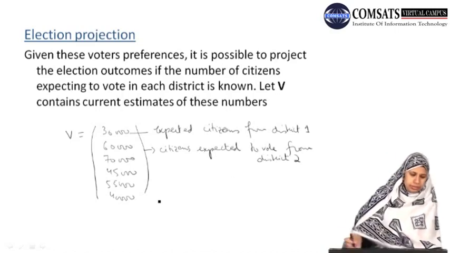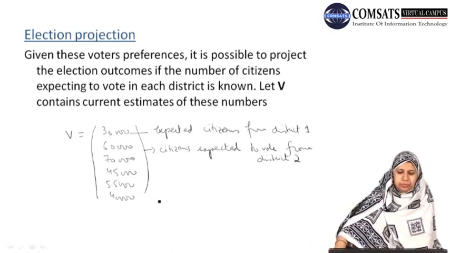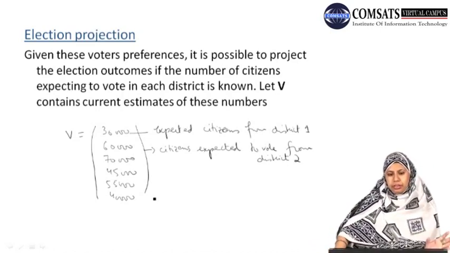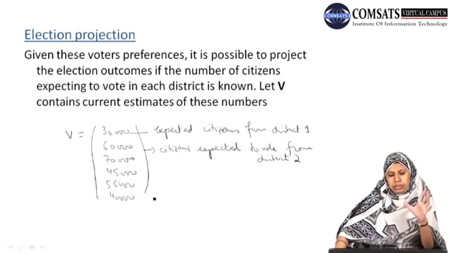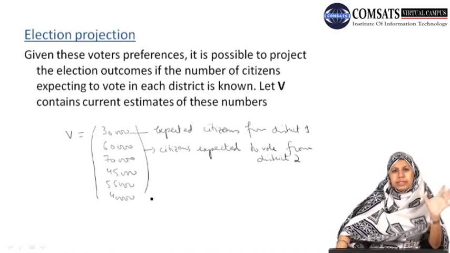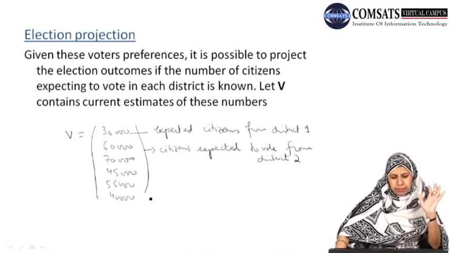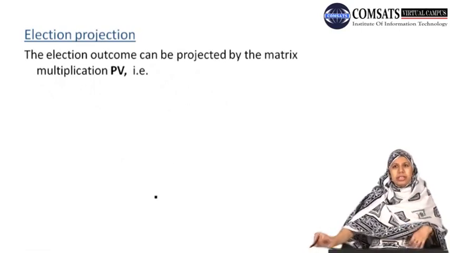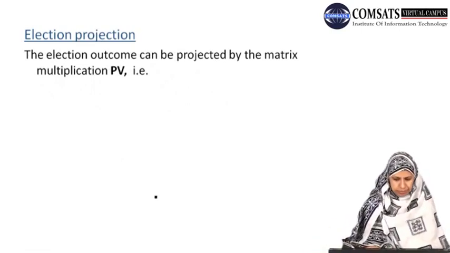So we have a column matrix. Okay. Now we have the data of the expected citizens to vote and the data of the percentage of the voters for each candidate from each district. Now we are interested in finding the election outcome.